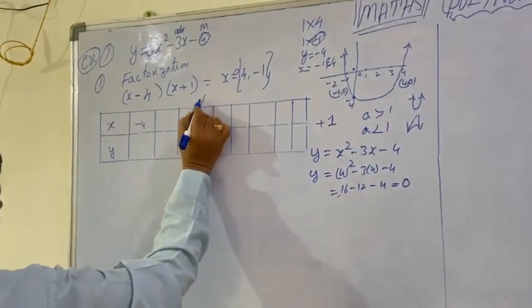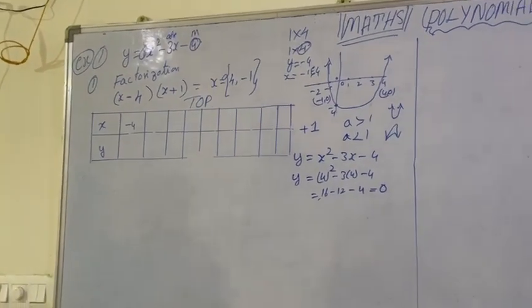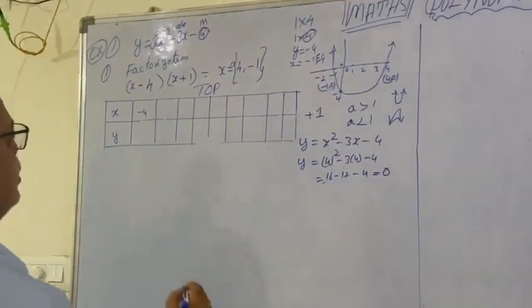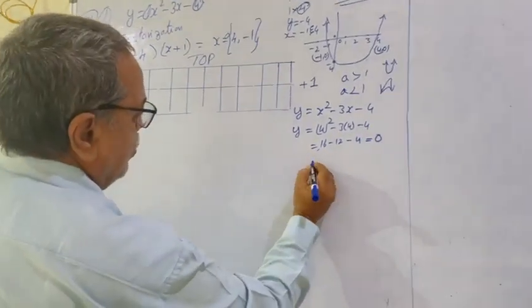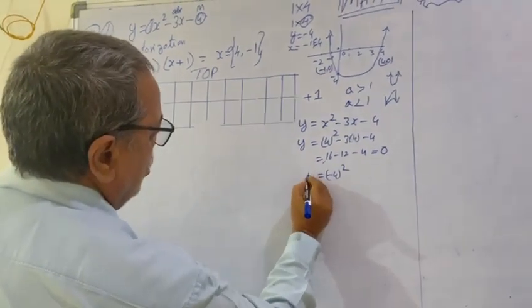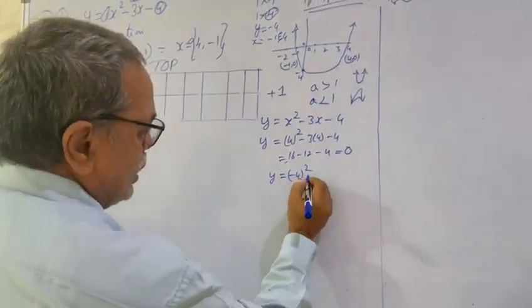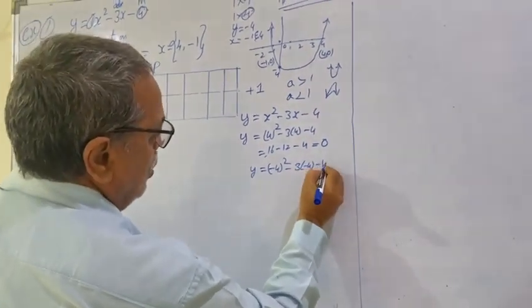What is this? TOP, table of ordered pairs. Minus 4: x is here, minus 4. If you take minus 4, y is equal to minus 4 whole square minus 3 into minus 4 minus 4.